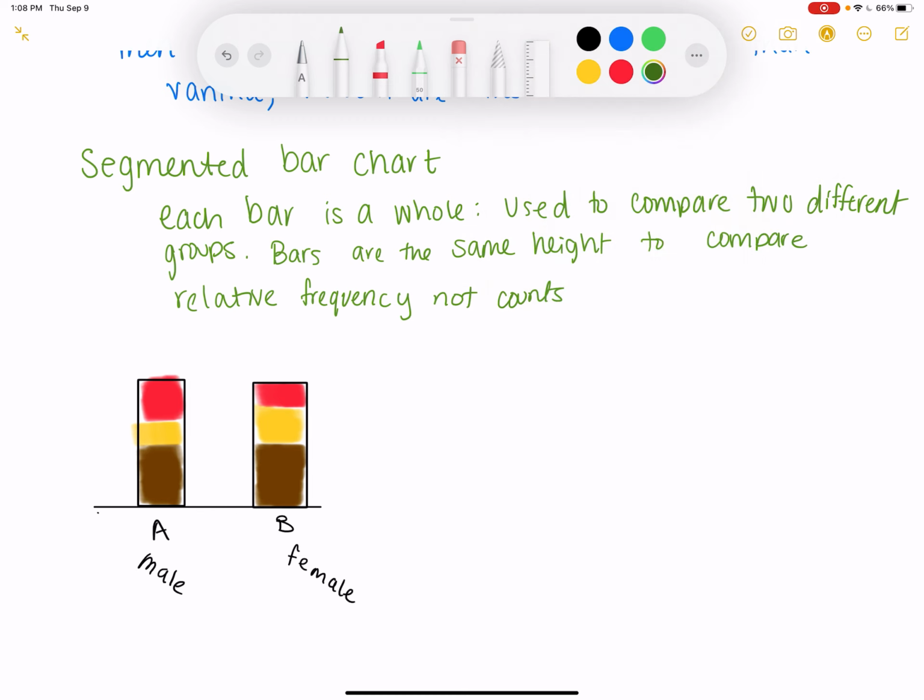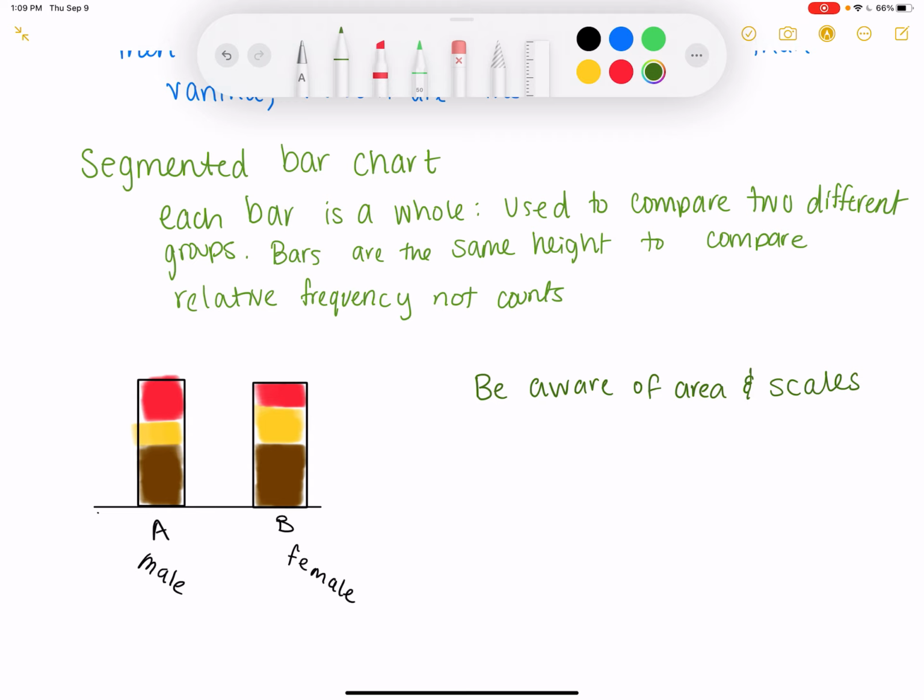Something you need to be aware of when you are doing a segmented bar chart like this is area and scales. That's why we want them to be the same size and look the same as much as possible. I realize one of mine might be a little wider than the other one, but you want them to be about the same height if you can.